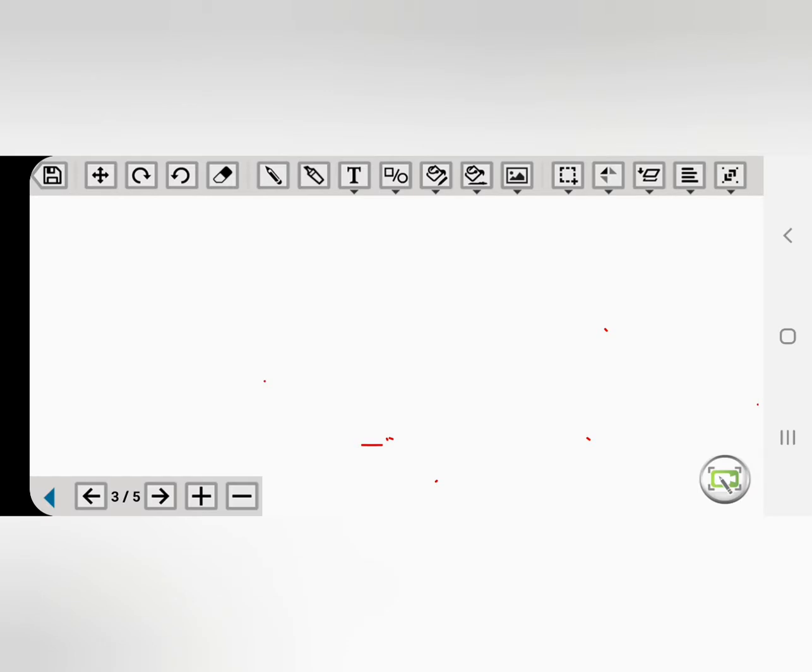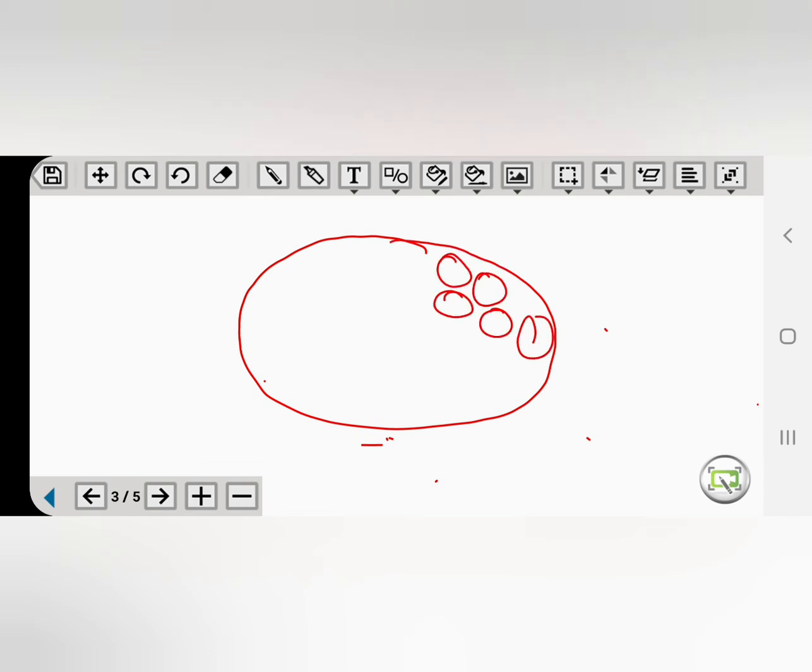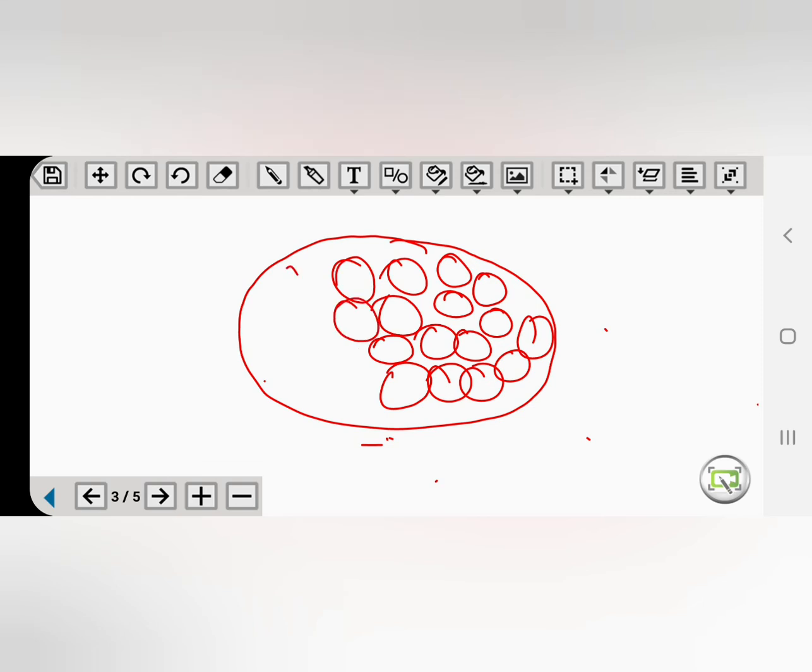each ovary consists of so many small ball-like structures called Graafian follicles. Like this, many Graafian follicles are present in the ovary.